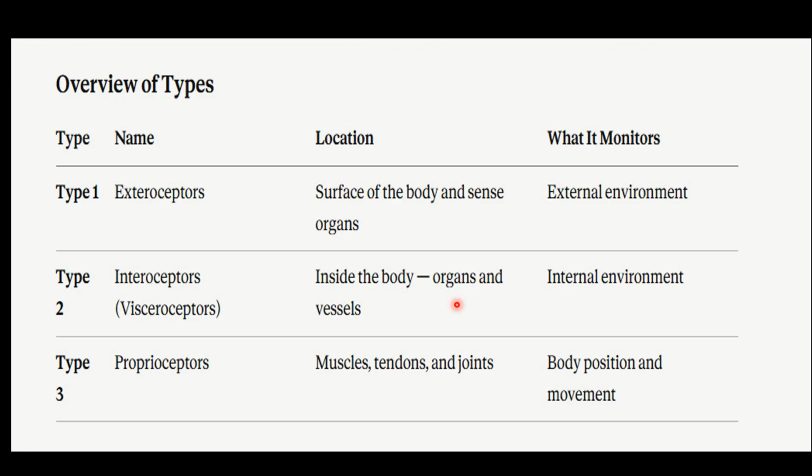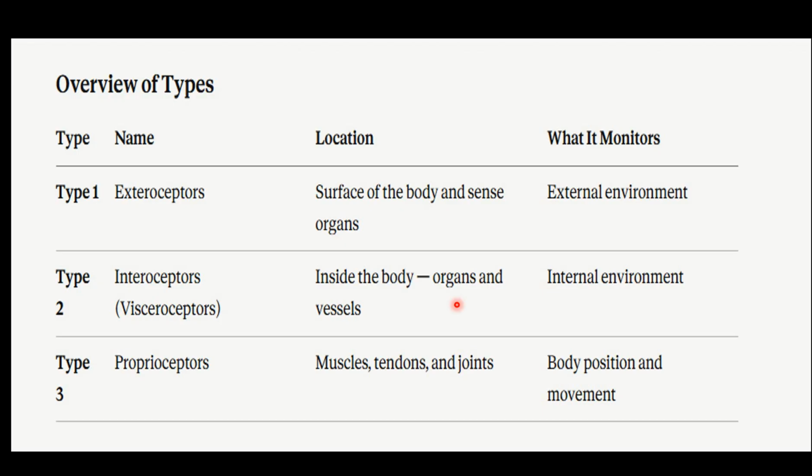Now the question is what it really monitors. It monitors the internal environment. Sometimes in interviews they will ask you which environment is monitored by the interoceptors. So just remember these names: extro means external, intro means internal. From there only you will get the information.